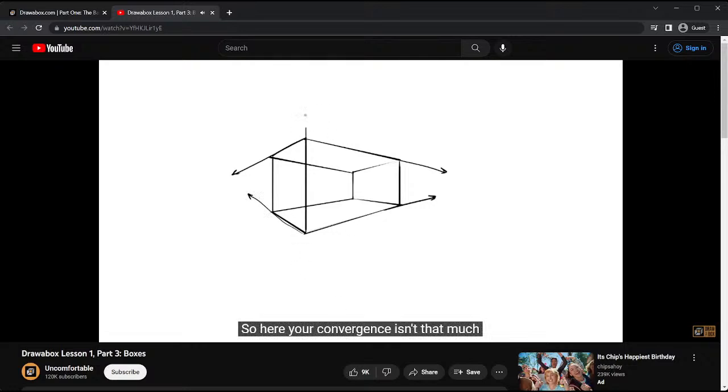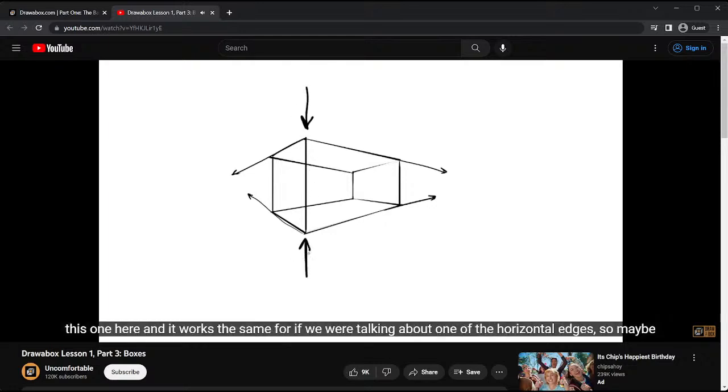So here your convergence isn't that much. They're either parallel or very minimal convergence. What we're really focusing on here is this edge, this one here.